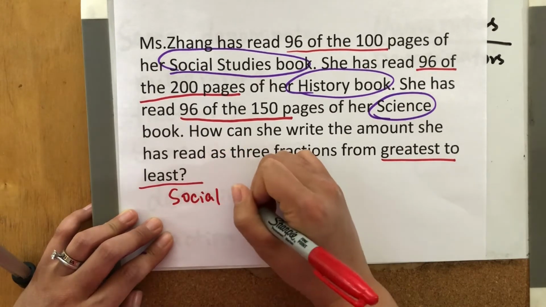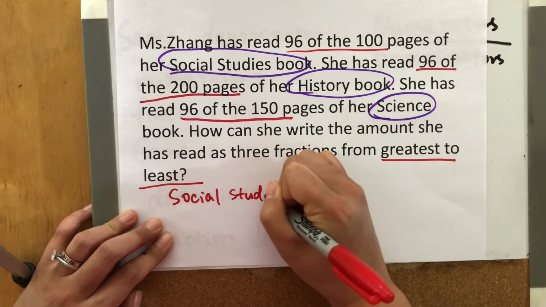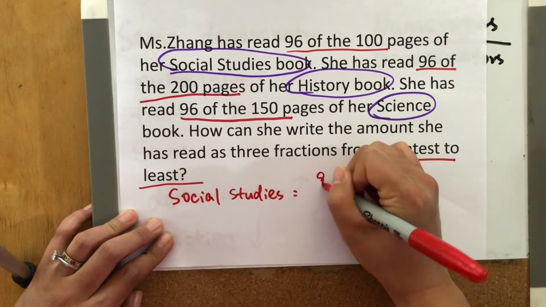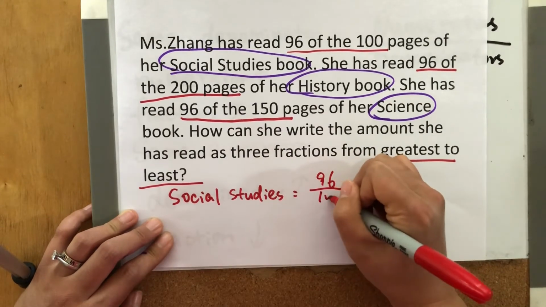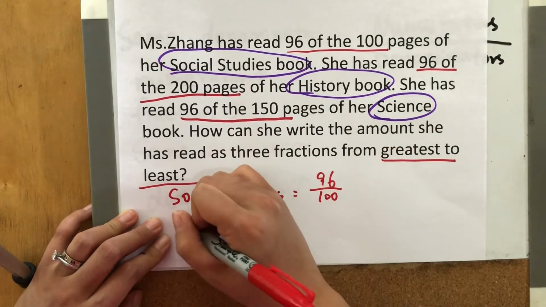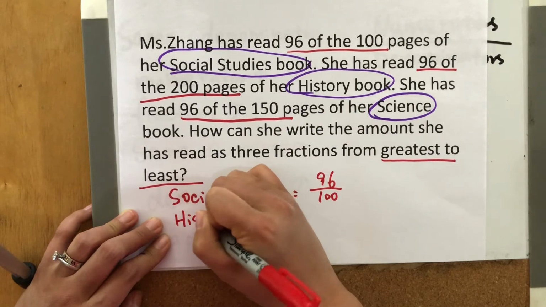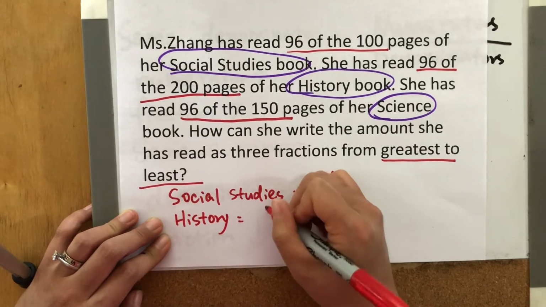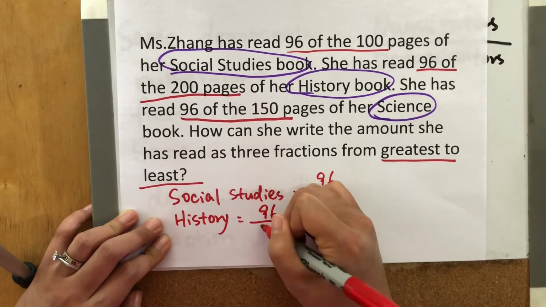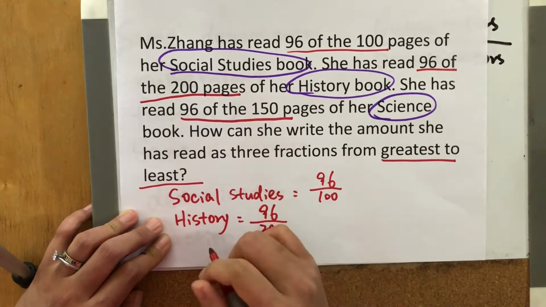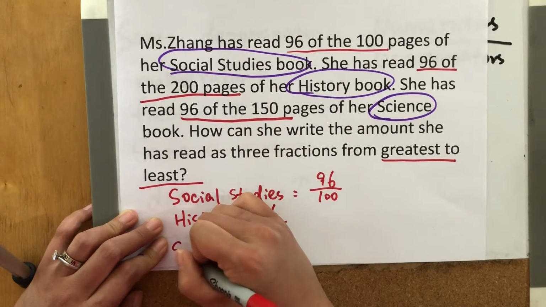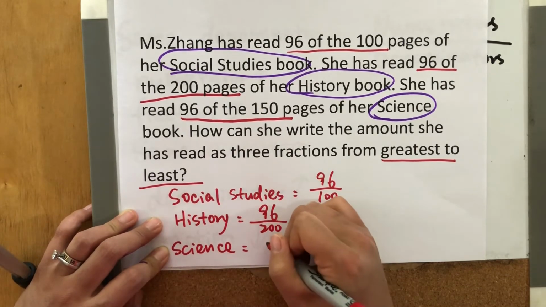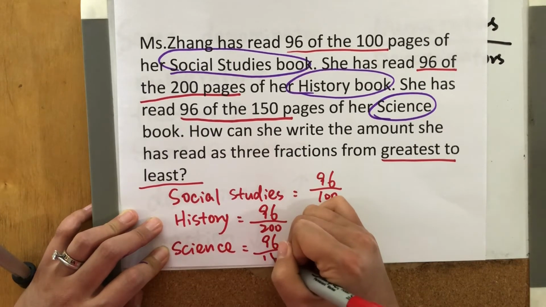Social studies, 96 over 100, histories, 96 again, 200, and last one, science, 96, 150.